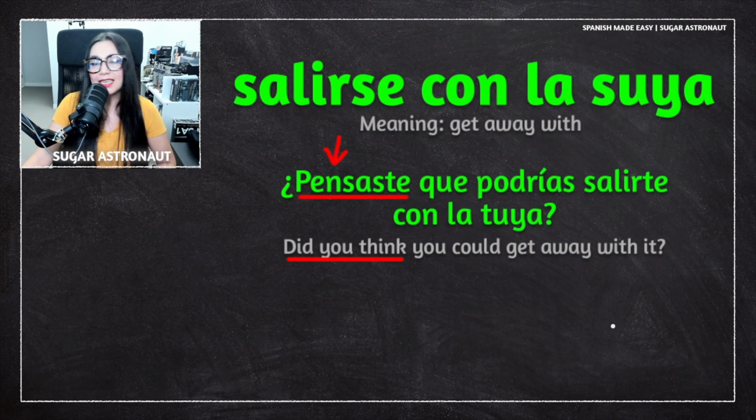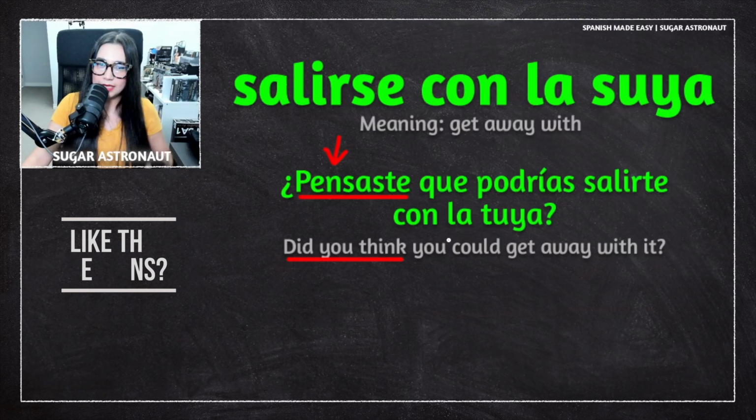When asking, you don't need the personal pronouns that much: yo, tú, él, nosotros, ustedes, ellos. Don't use them because it's not a common thing to do in Spanish. So pensaste means did you think.